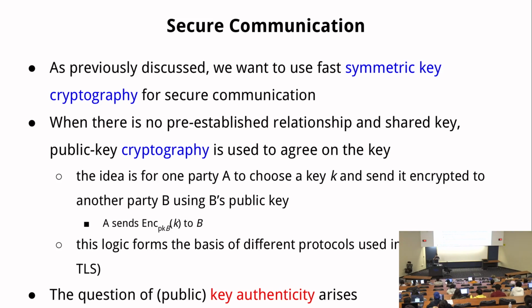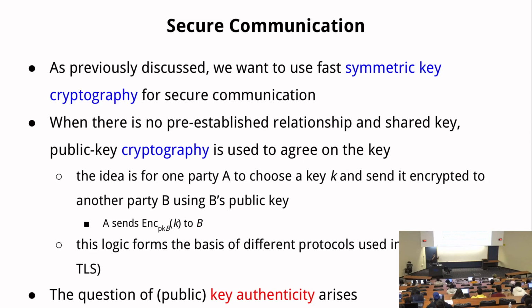However, this paradigm still has a problem. In this case, we have party A and party B. Party A will use party B's public key to encrypt the symmetric key. So how can party A be sure that he is using party B's public key, not someone else's public key?